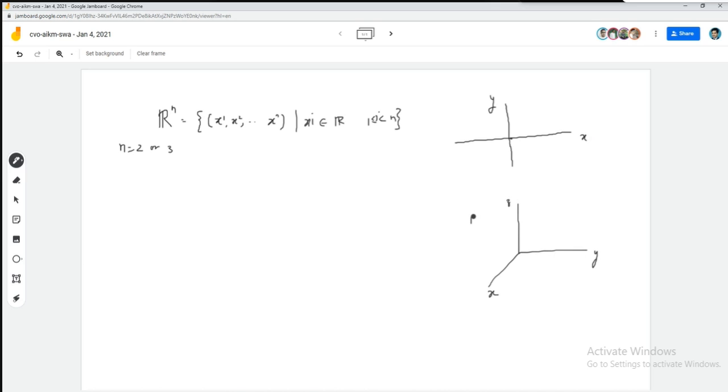So this is your R3 and this is your R2. Here you take any point, it has 2 coordinates. The distance from the origin is x, and the distance from the x-axis is y. So the coordinate of this point is (x, y).